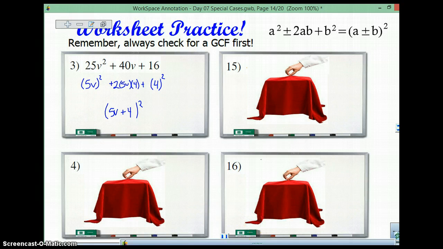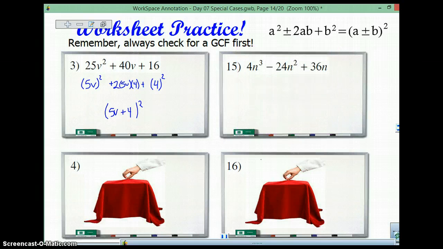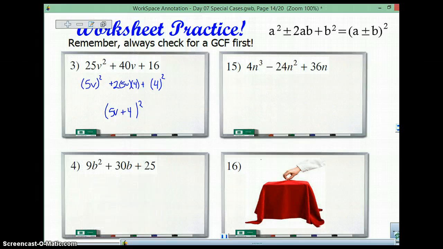Okay, let's try one more, just to make sure you really have it. All right, let's give this one a try. I think I want to try this one, just because I want you to see the power of using the formula.